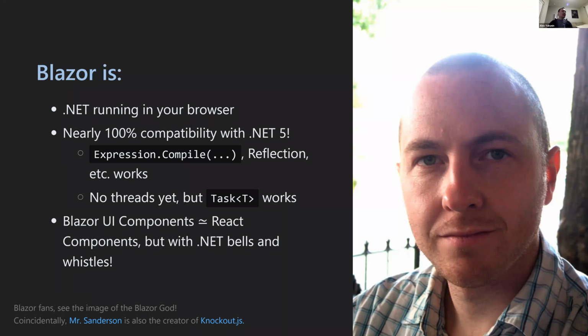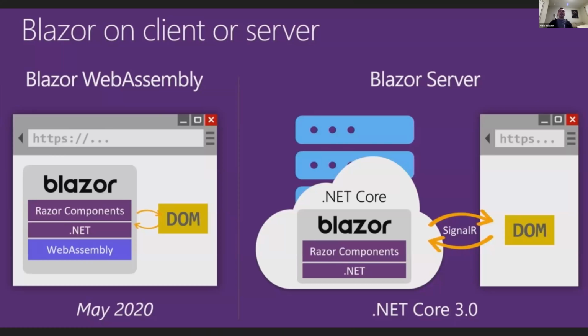So it allows you to do almost anything you can do in regular .NET, and the exceptions are super rare. Moreover, there is not only a WebAssembly mode, but also Blazor Server, which runs all the computations on your servers and delivers the updates using SignalR.